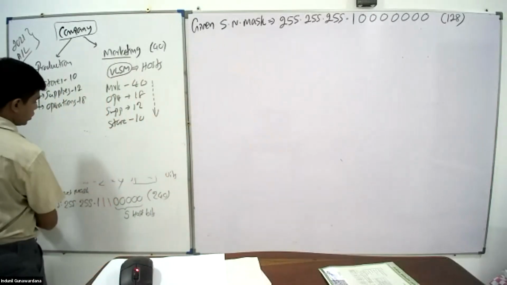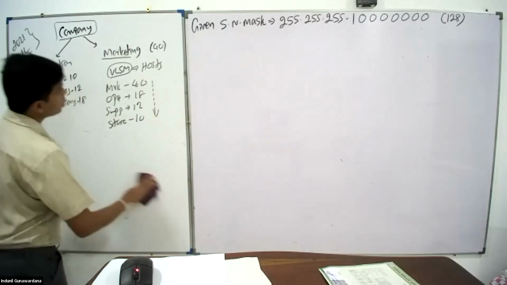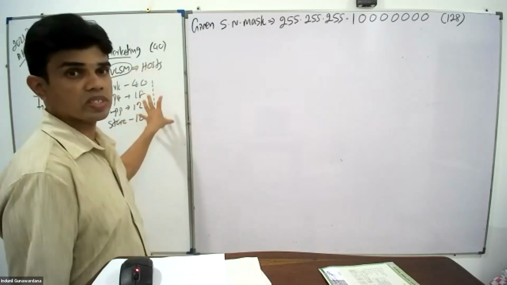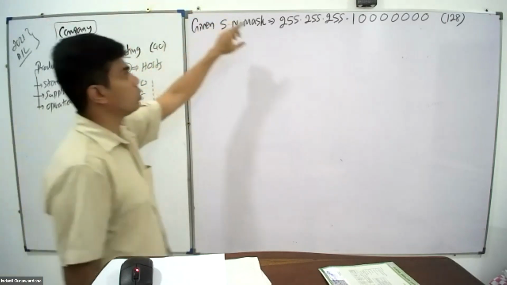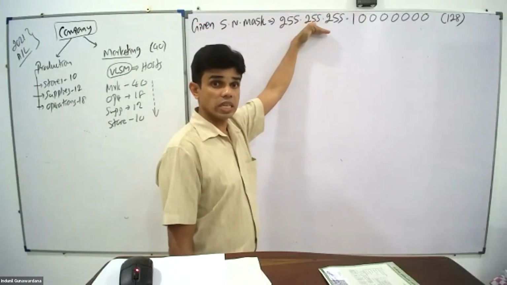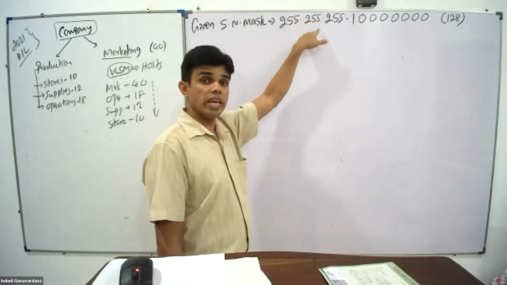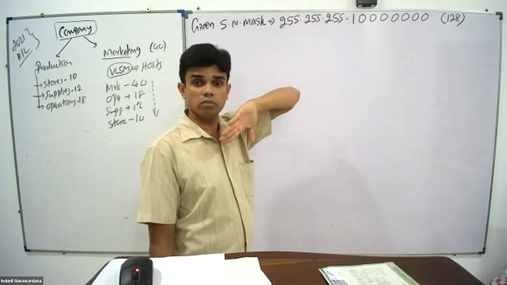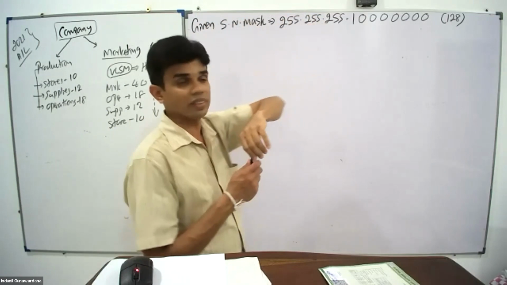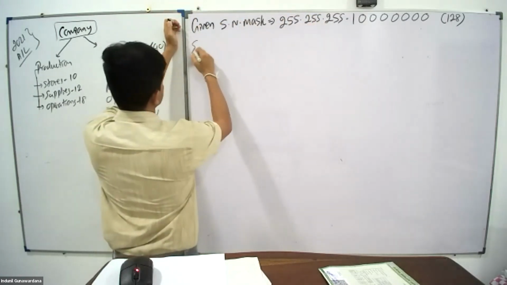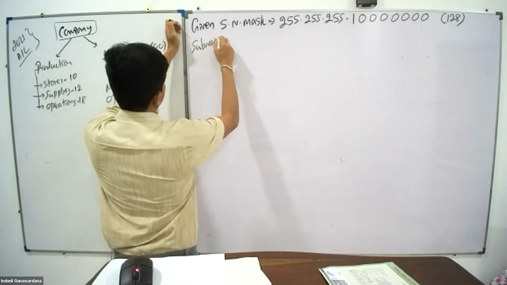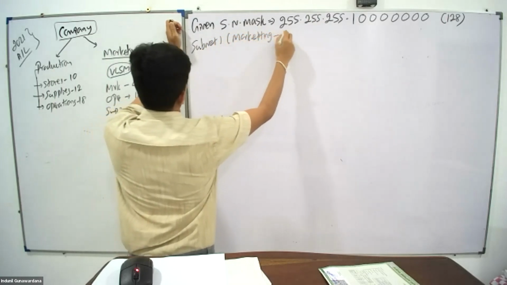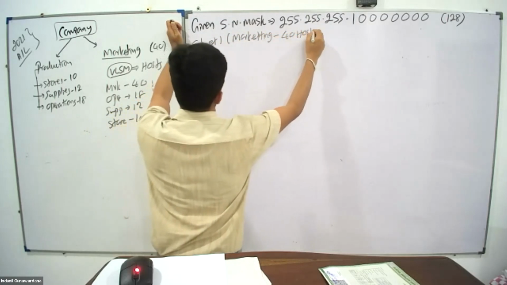Now, first we will do the subnetting considering 40 hosts. I don't care about the number of subnets. I am going to do the subnetting for this given subnet mask to manage 40 hosts, starting with subnet 1, that is marketing with 40 hosts.